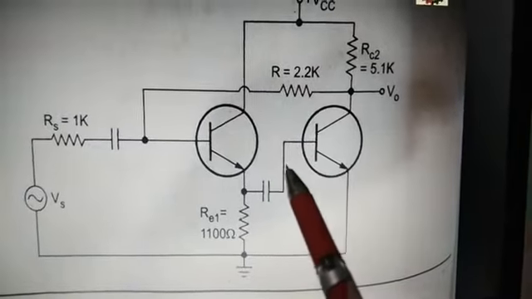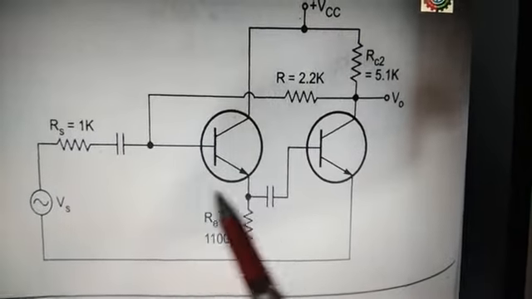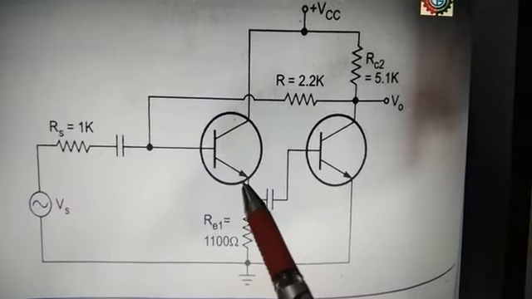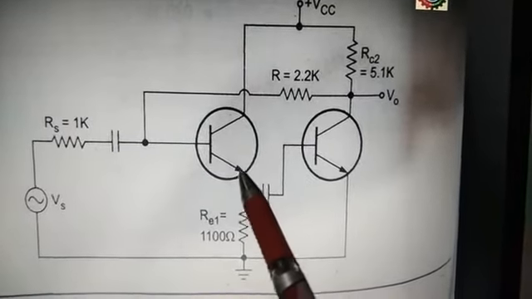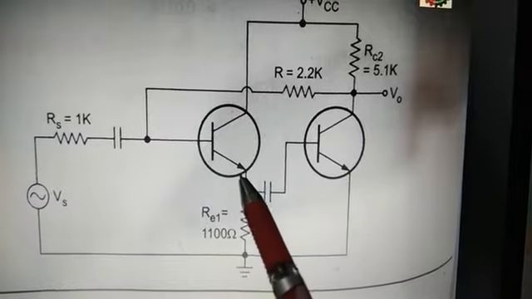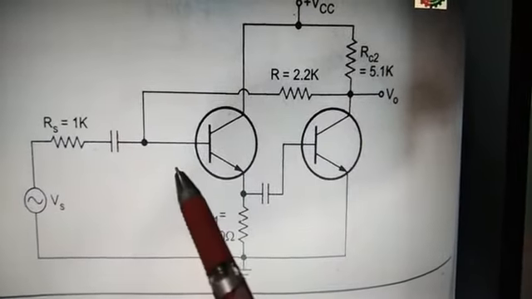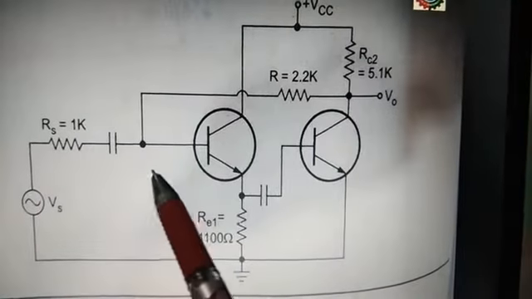The first step is to identify the topology of this feedback amplifier. I have already told you I will take the problem of a two-stage amplifier with voltage shunt feedback. So the topology, of course, is voltage shunt. But how do we identify this voltage and shunt?